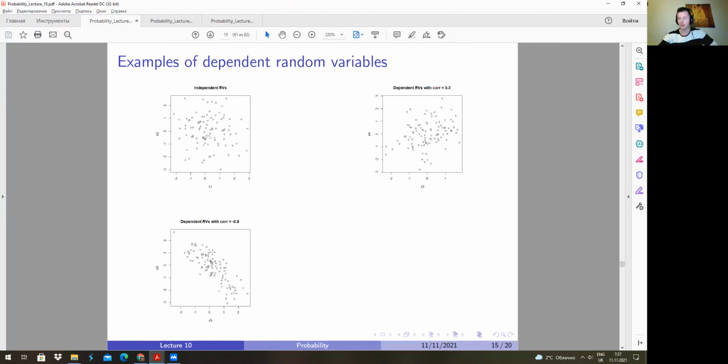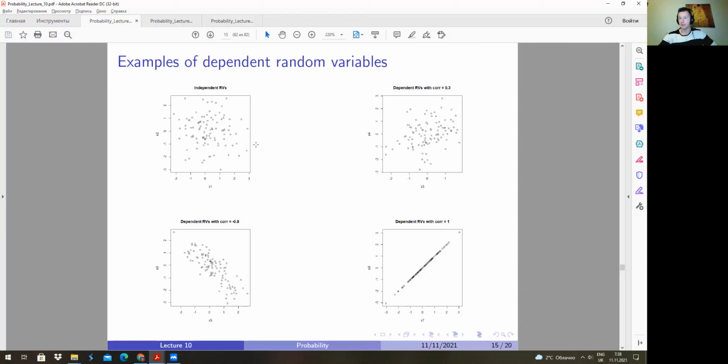So this is the strong negative dependency between them. And here is a strong linear dependency, the strongest possible, because now you see that there is a linear dependency, and when x7 increases, x8 increases with certainty. This is just a linear case.